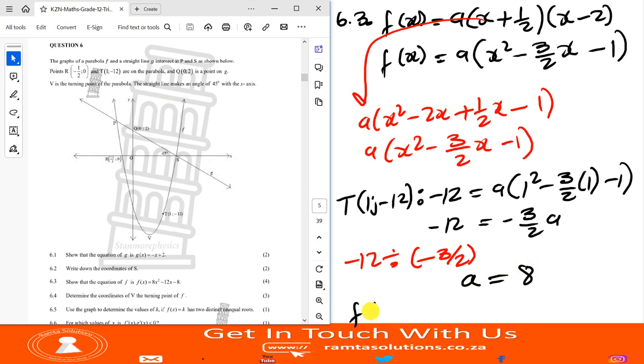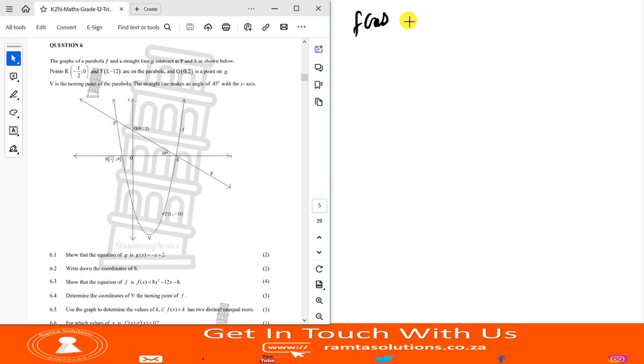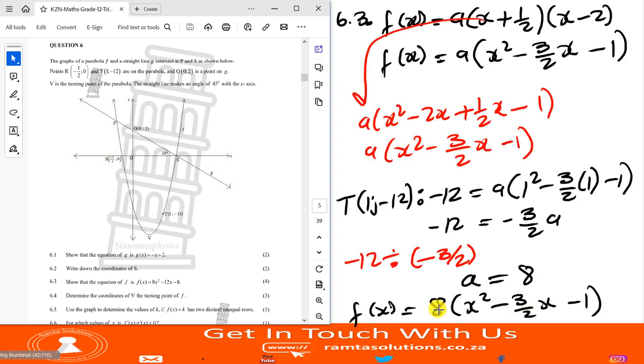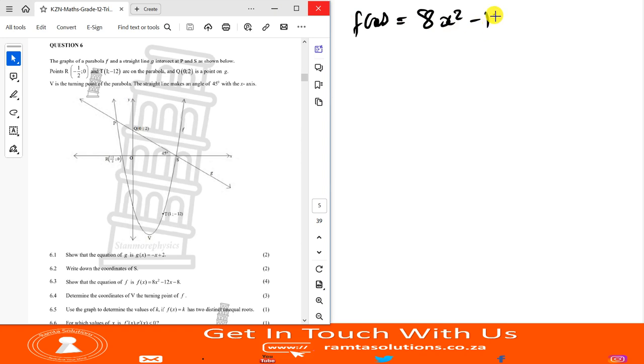Now this means f of x is equal to 8 into x squared minus 3 over 2x minus 1. But you are not done. We then say 8 times x squared is 8x squared. 8 times negative 3 over 2 will be 4 times 3, which is minus 12x.